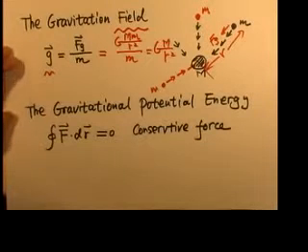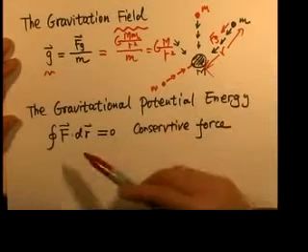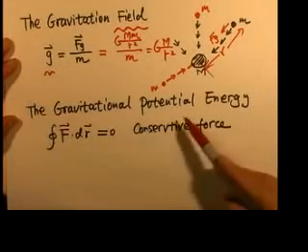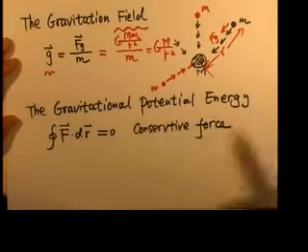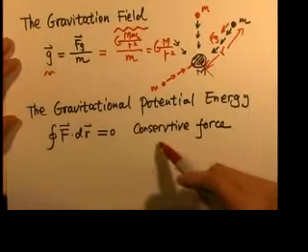However, the very useful thing mathematically that we're going to learn next is gravitational potential energy. We learned from the previous chapter that a potential energy should connect to a conservative force.